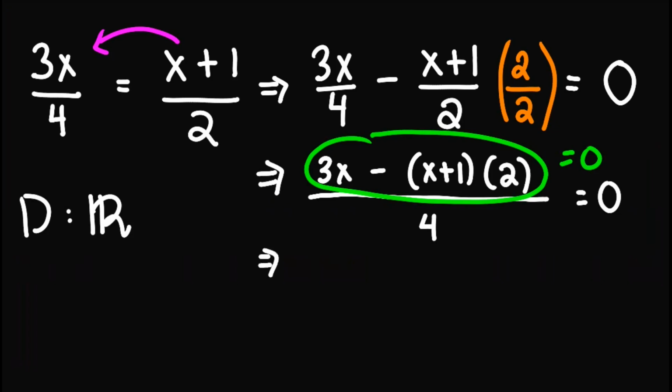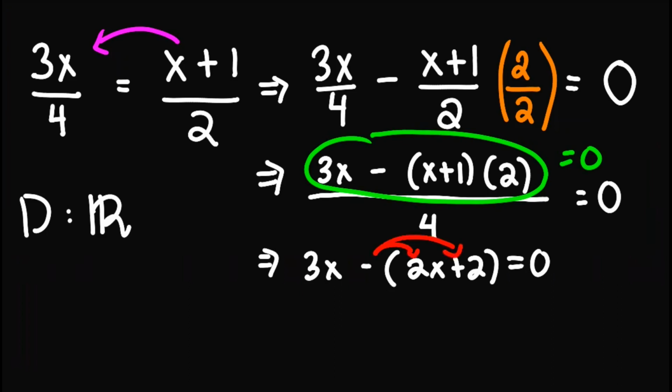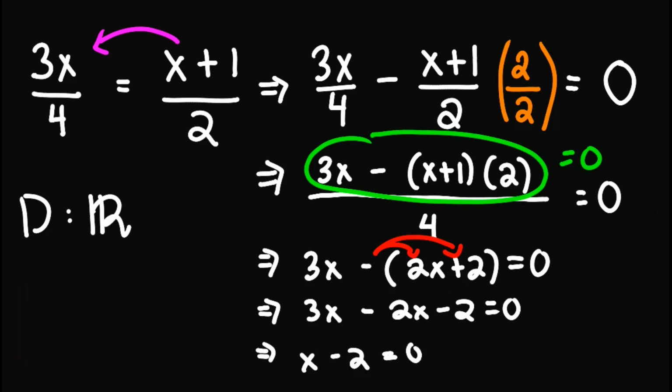So we've got 3x, and simplifying the numerator, x plus 1 times 2 is 2x plus 2, equals 0. Distributing the negative out here, we'll obtain 3x minus 2x minus 2 equals 0. This will become x minus 2 equals 0, or simply x equals 2. This one out here is the final answer.